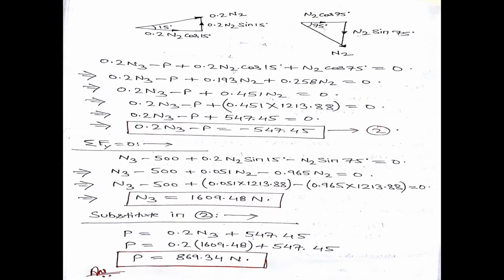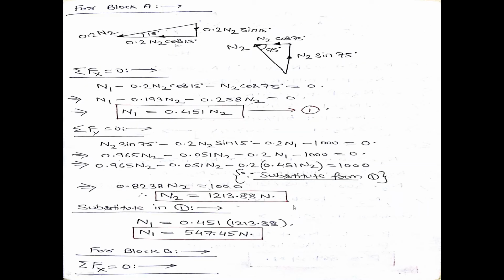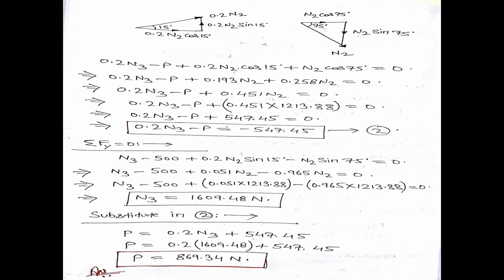N2 already we know. So this is the equation: N3 minus 5000 plus 0.2 times N2 sin 15 minus N2 sin 75 equal to 0. N2 already I know, that is 1213.88 Newton. Just substitute the value of N2 in this expression, then we will get the value of N3, which is coming out to be 1609.48 Newton.